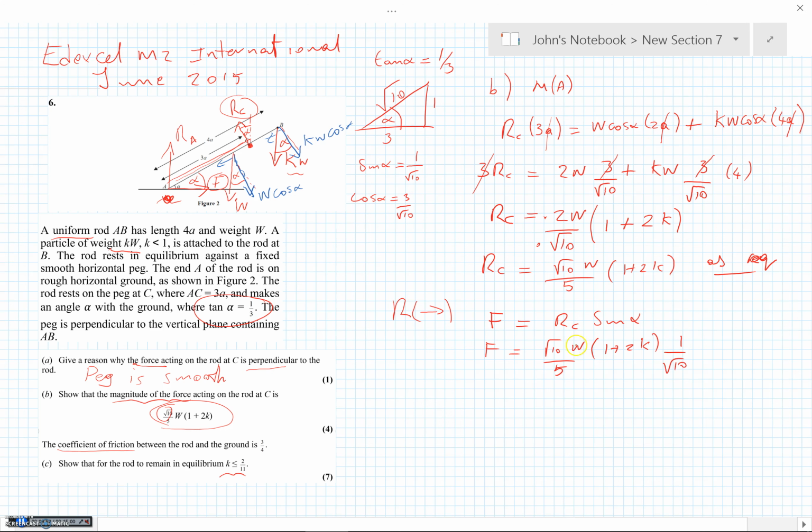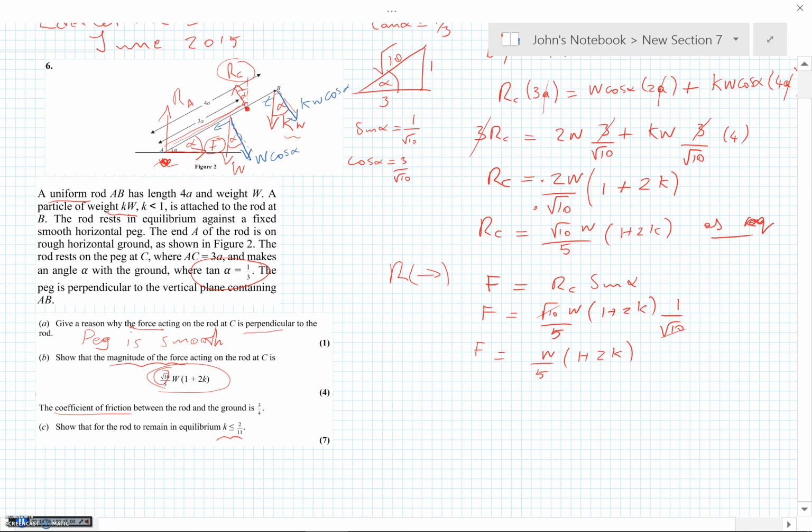You can see the square root of 10 cancels, so we're left with F equals W over 5, 1 plus 2k. Okay, so there we go. That's going to be handy in a sec, because we've got F.